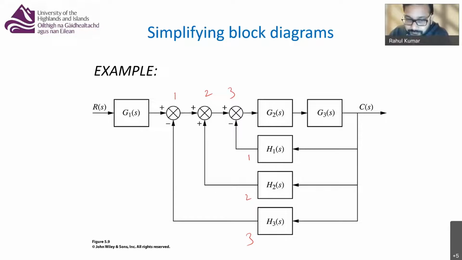Now if we see the 3 summing junctions and the 3 individual feedback paths, they can be combined together.